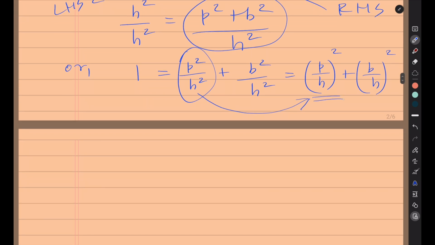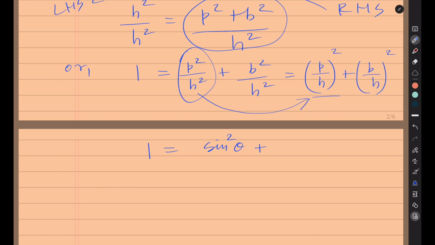But have you noticed something? P by h is nothing but sine theta. So p by h whole squared is sine squared theta.